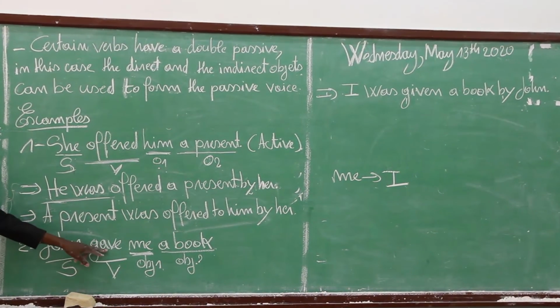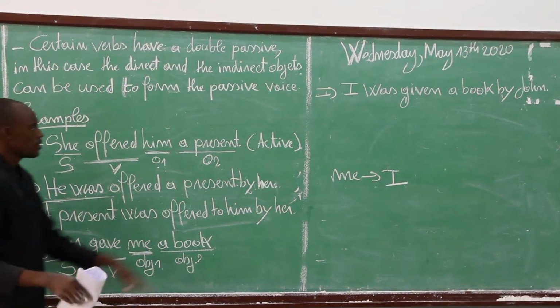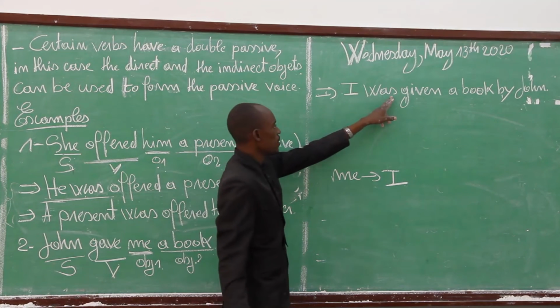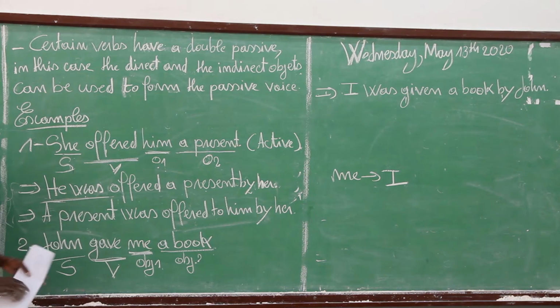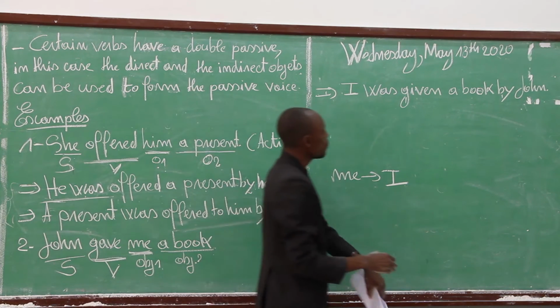Yes, the sentence is in a preterite, and the auxiliary is in a preterite, followed by the past participle of the main verb. Yes, I was given a book by John.